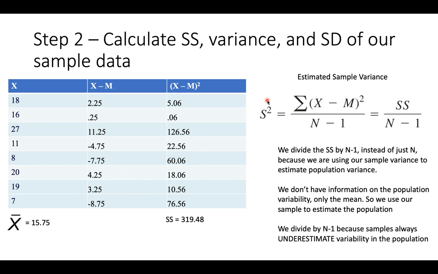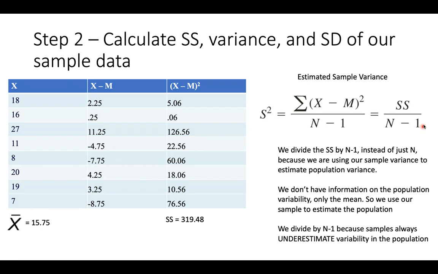If you go back and flip to the slides and the examples on variability, you would see that the variance was sum of squares divided by n. But here, when we're working with sample data and we're calculating a test statistic, a t-test, we need to divide sum of squares by n minus 1 instead of just n.